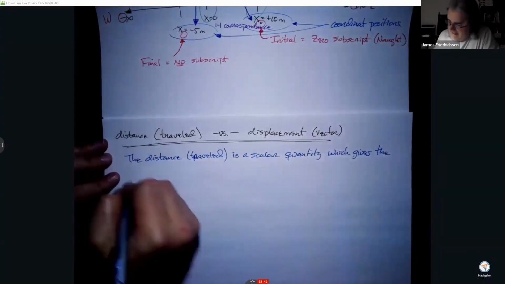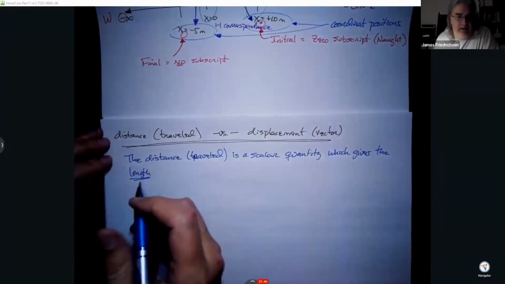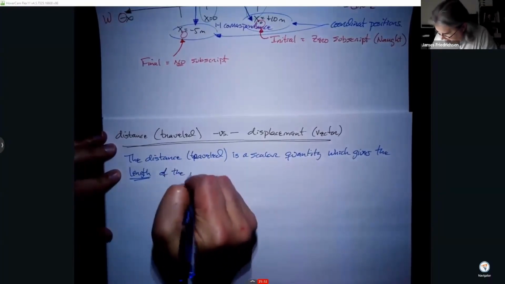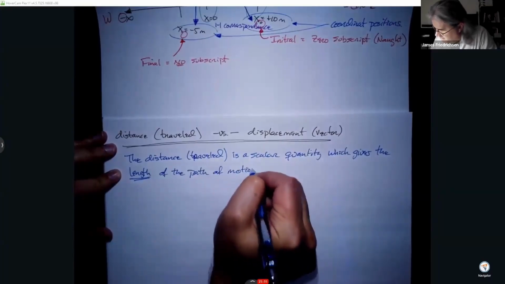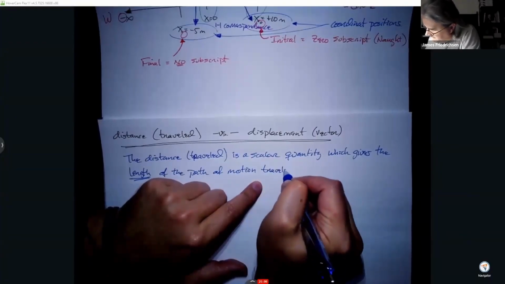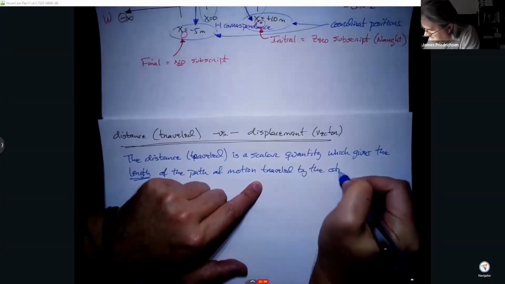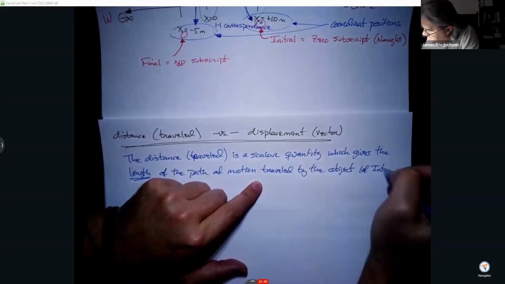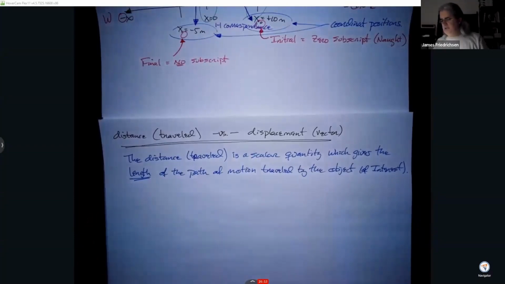Which gives the length of the path of motion followed by our object of interest.